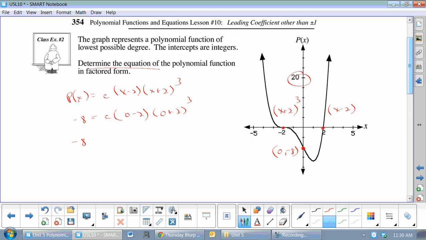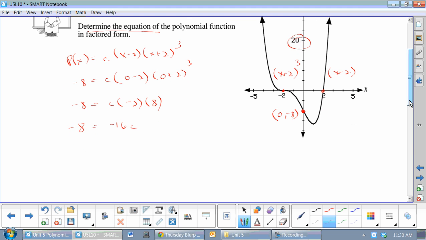So then I will get -8 equals c times -2 times 8, right? So -8 equals -16c. So what does c equal? 1/2 equals c.